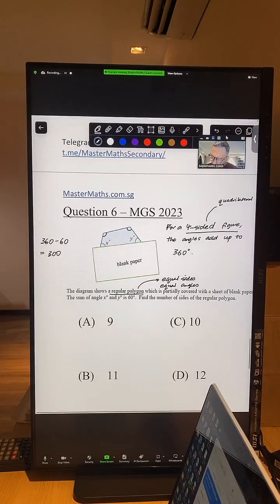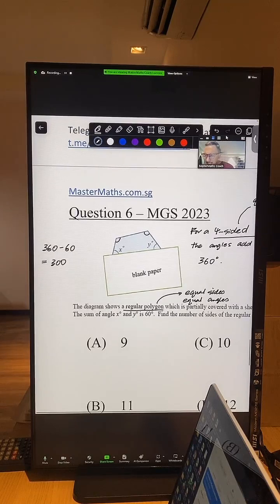So if X and Y are 60 degrees, and all four angles add up to 360, that means I take 300 divided by 2, I get 150. This will be 150. This will be 150. Okay, can you all see that?